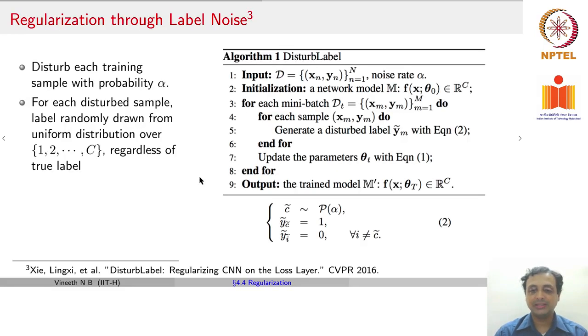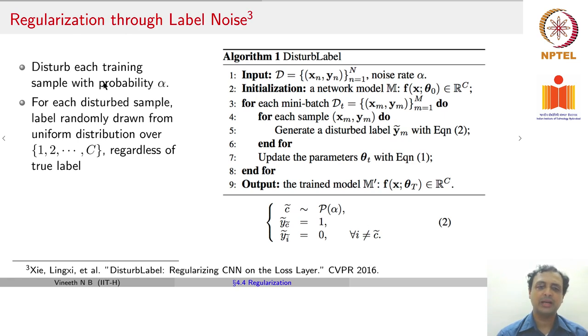In case of label noise, you disturb each training sample with some probability alpha, and for each disturbed sample you draw the label randomly from a uniform distribution regardless of the true label. Here is the algorithm drawn from this paper known as DisturbLabel, which was published in 2016. You generate a disturbed label.